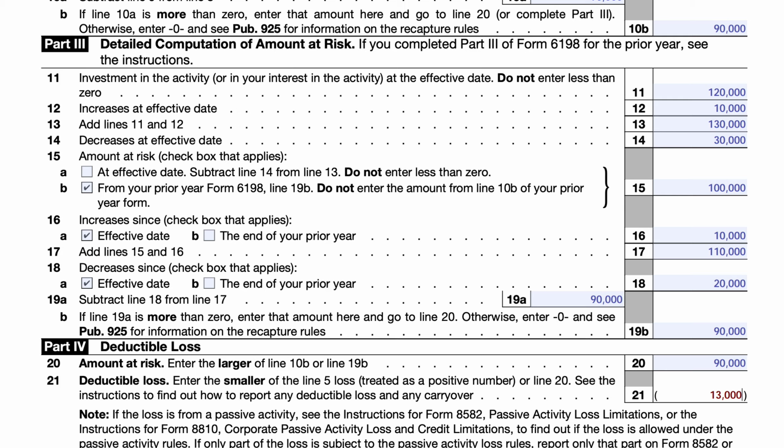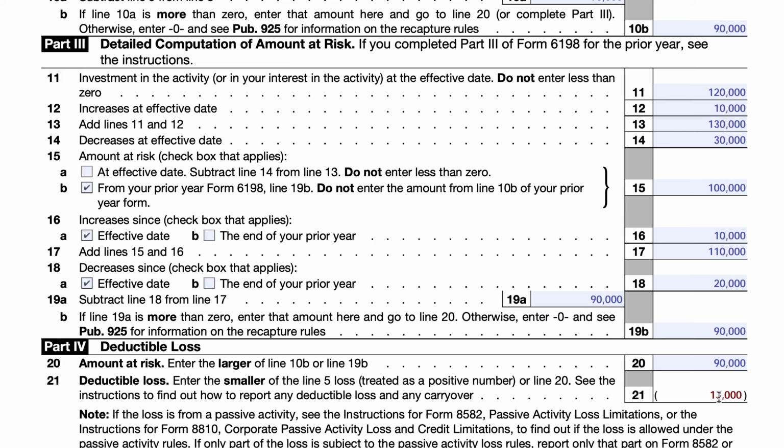So, for example, in the form instructions, if line 5 was a loss of $1,600 and line 20 was $1,200, you would enter $1,200 here, and then you would have to follow the instructions for your tax return to figure out what you would be able to do with the rest.